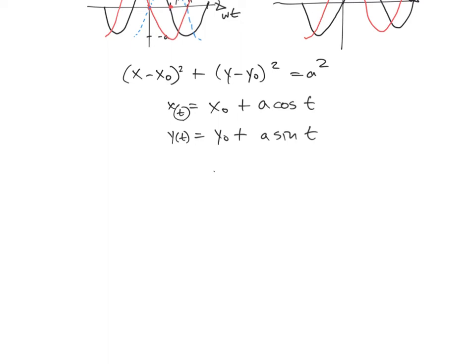If you think about it, we're just dealing in 2 dimensions here to keep things simple. But let's say x naught, y naught is right there. And our circle looks something like this.